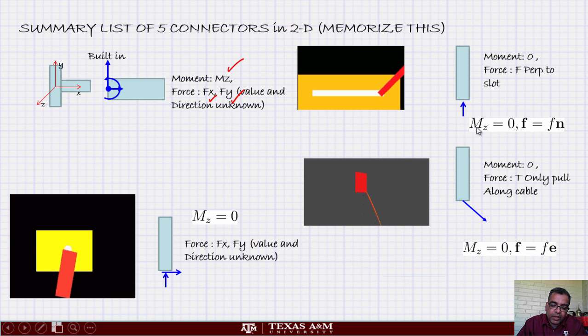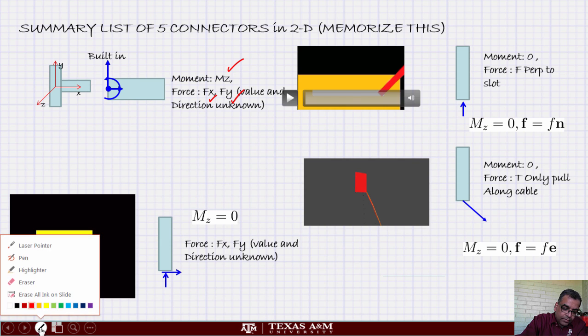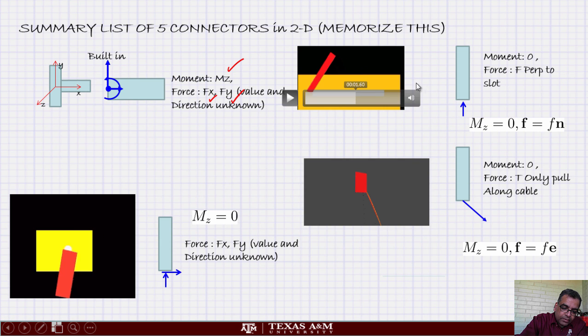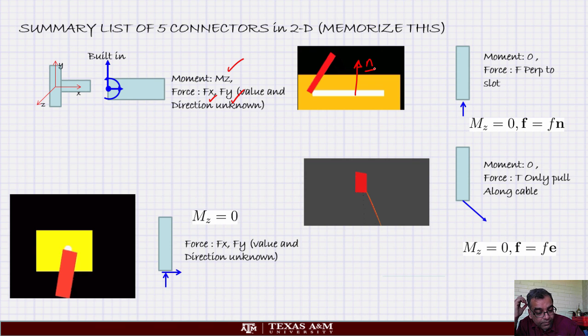Now in this particular case, the moment is 0 and the force is along the normal to this thing. The force is like that. Okay. The last one is our cable. In our cable connection, the force is along the cable.